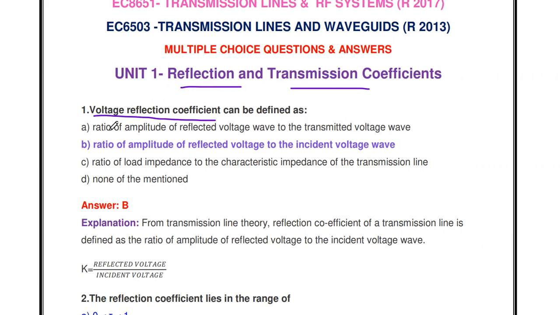The options are: ratio of amplitude of reflected voltage wave to the transmitted voltage wave, ratio of amplitude of reflected voltage to the incident voltage, ratio of load impedance to the characteristic impedance, none of the mentioned. The reflection coefficient is the ratio of amplitude of reflected voltage to the incident voltage.